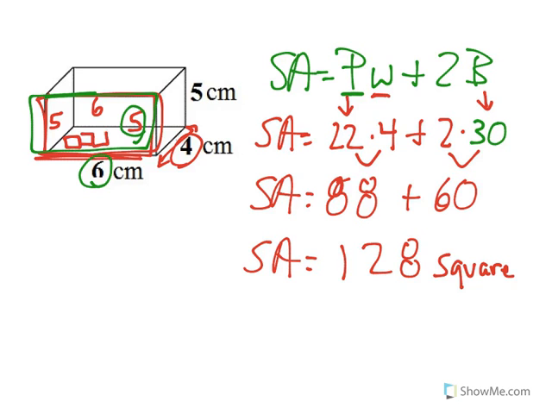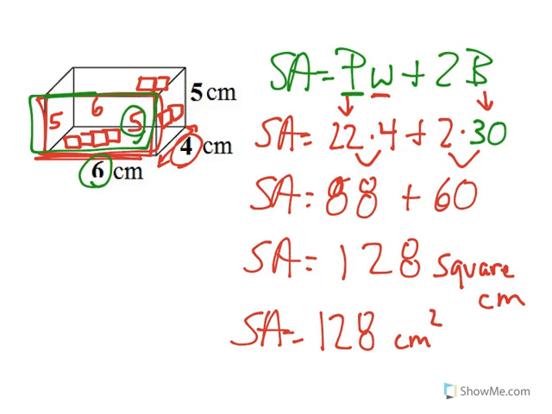Squares it took to cover the entire object. All sides, top, bottom, that's how many squares. What size are my squares? Square centimeters. I could also write it like this, 128 centimeters squared. And again, the exponent of 2 means that it's the shape of a square.